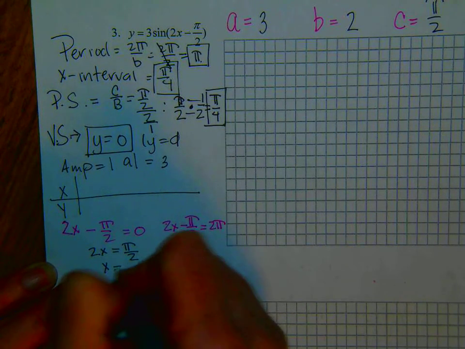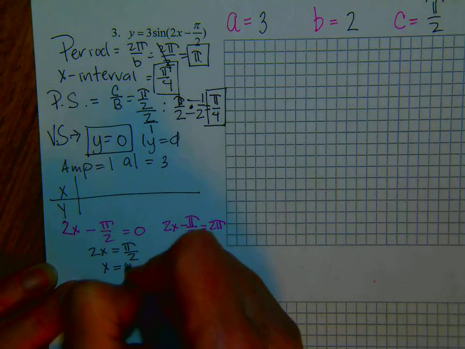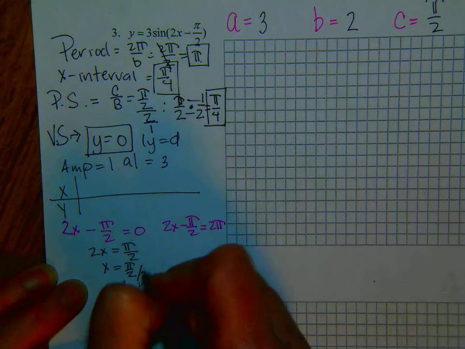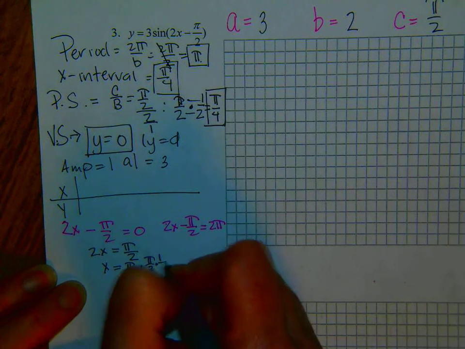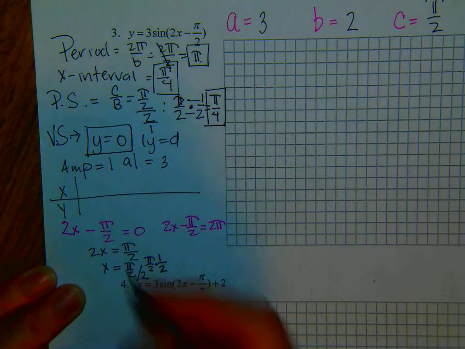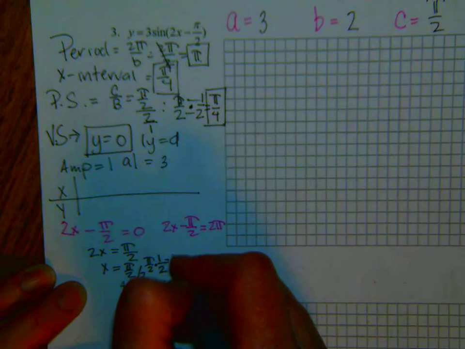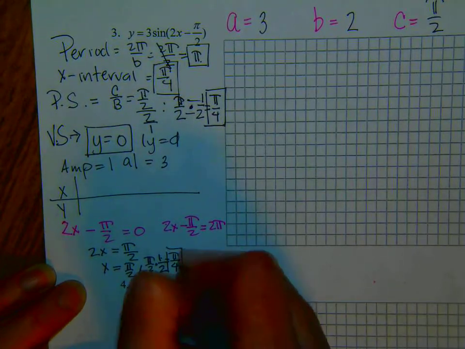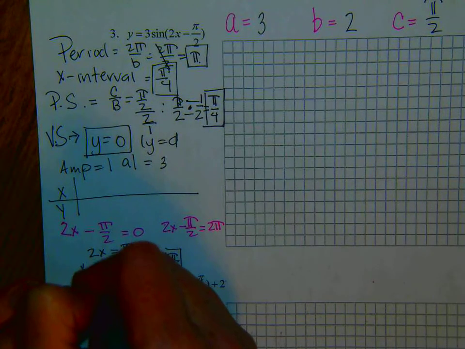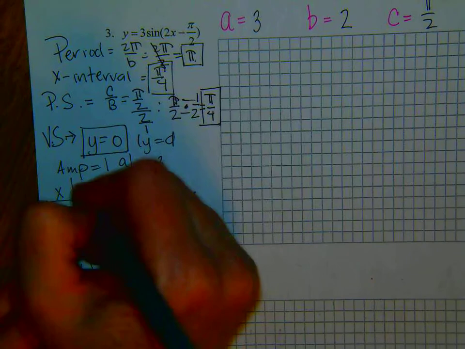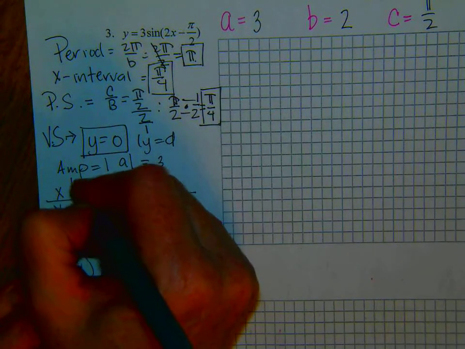X equals pi over 2 divided by 2, which is pi over 2 times the reciprocal of 2, which is 1 over 2, which equals pi over 4. So this is x1. So I take x1 and I put it into the graph: pi over 4.